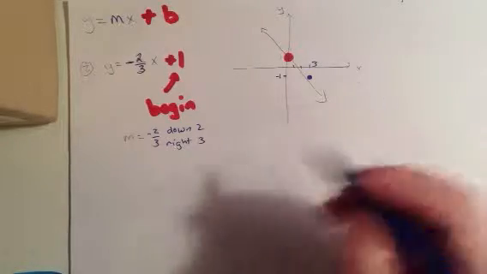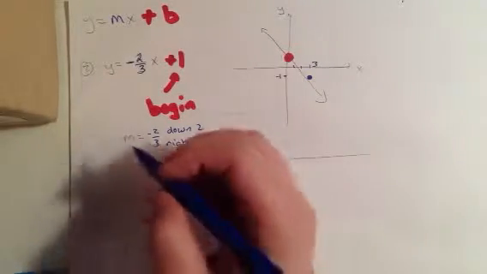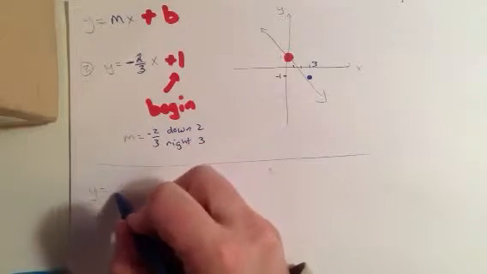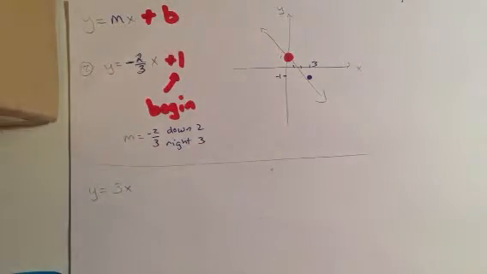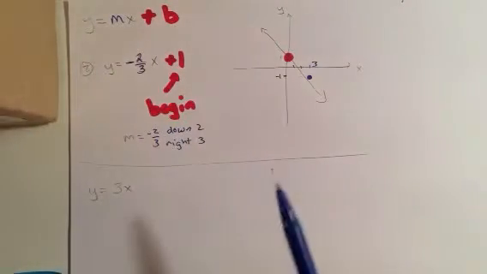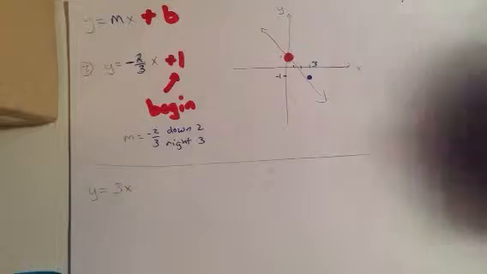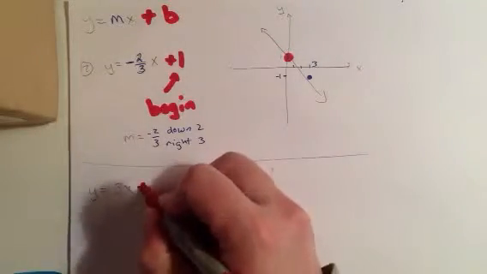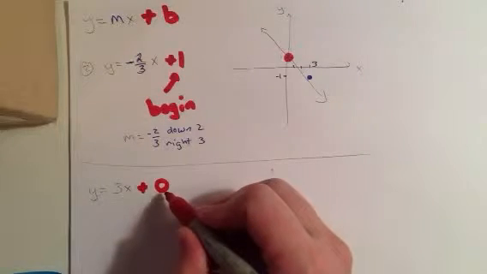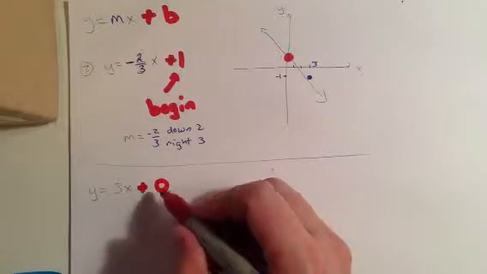Okay, I'm going to do one more quick one. The third problem, I'm going to graph y equals 3x. You might be thinking, oh, wait a minute, Mr. Vargas, you're not telling me what the b is. Well, that doesn't really matter, because we can think of this as plus 0. So here, I begin at 0, so now my y-intercept is 0.